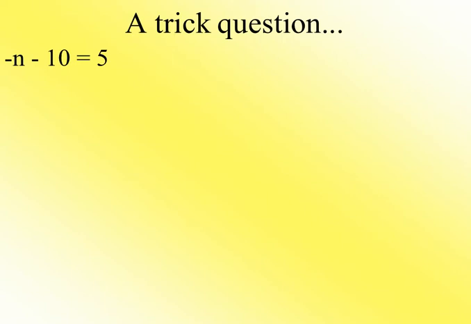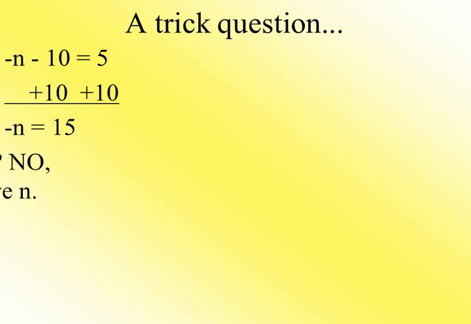Ooh, trick questions already. All right. Negative 10 minus n equals 5. Okay, let's think about this for a second. I want to get n by itself right here. What's the opposite of minusing 10 from something? Adding 10. Okay. So we've got that part. Is my n isolated? Is it alone? Not quite. Close.